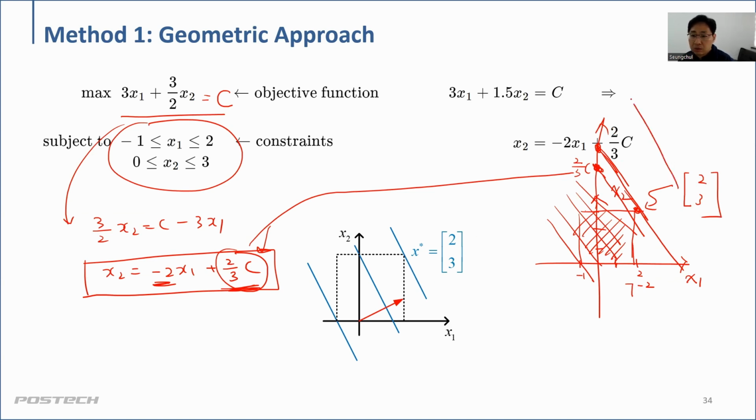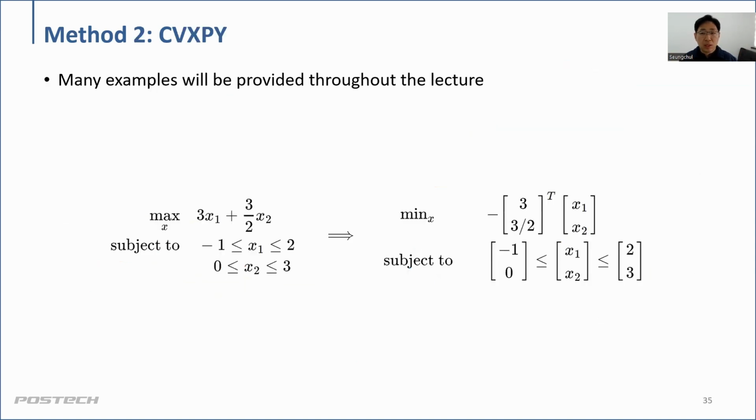So I plug those values in, like 2 and 3, so it will be 6, maybe 10 or so. That will be the solution. I guess you already know how to solve these problems.